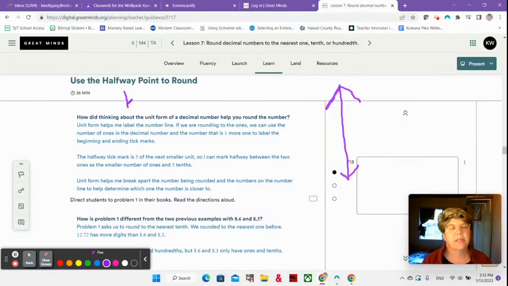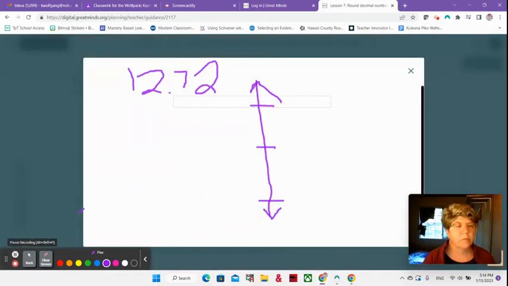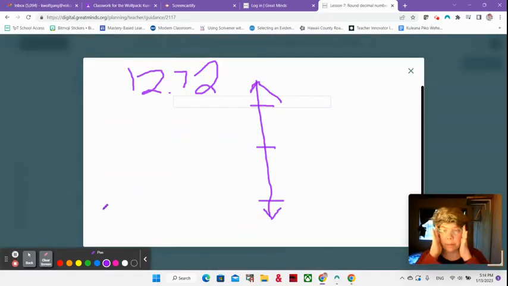All right, so let's think about 12 and 72 hundredths. I got a whiteboard for us. So 12 and 72 hundredths, and I'm rounding to the nearest tenths.